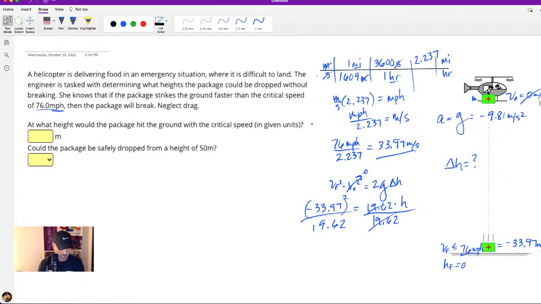Let me make sure I got that right. 33.97 squared. Yeah, 1154 divided by 19.62. So that's 58.81. So this turns out to be 1152 divided by 19.62, and that works out to be 58.82.